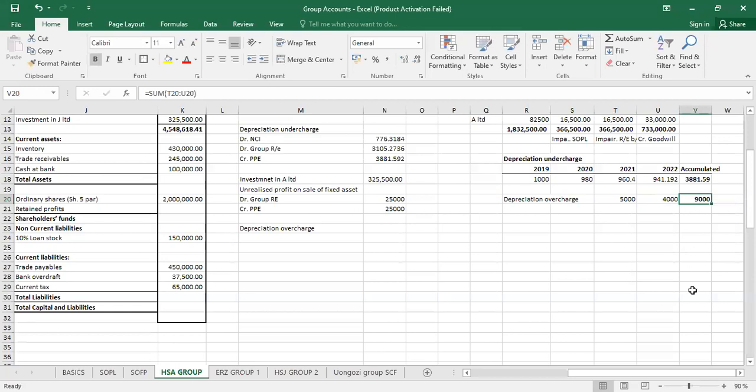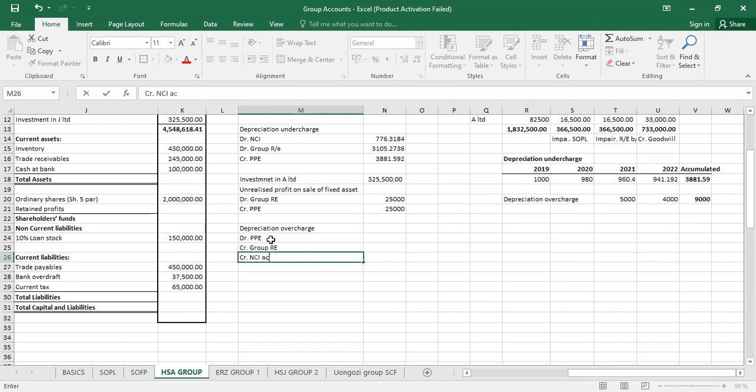Then as I was just saying, this is the depreciation overcharge. We have overcharged depreciation, so we will debit PPE. Then credit group retained earnings, and we also credit some to the NCI account.